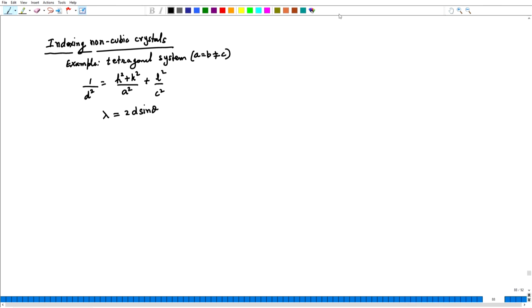Starting with Bragg's law, lambda equals 2d sin theta, I can write this as sin square theta equals lambda square upon 4 d square, which could be written as lambda square upon 4 a square into h square plus k square, plus lambda square upon 4 c square into l square.